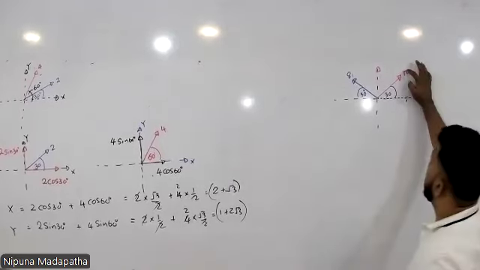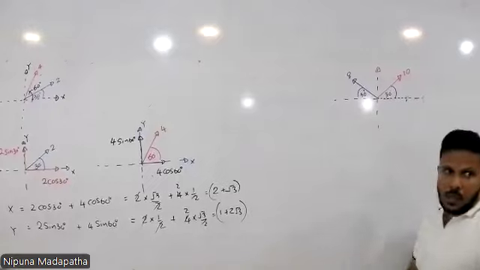The vectors are 10 and 8, and the angle is 30.